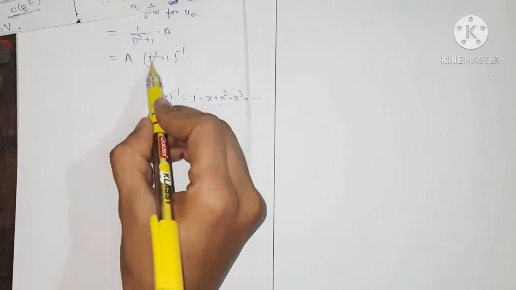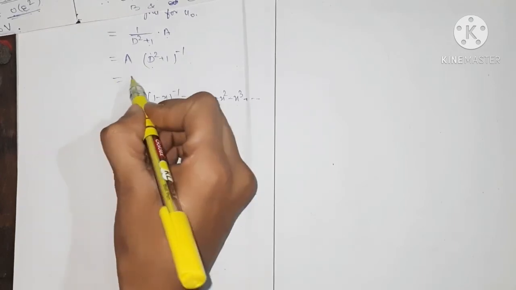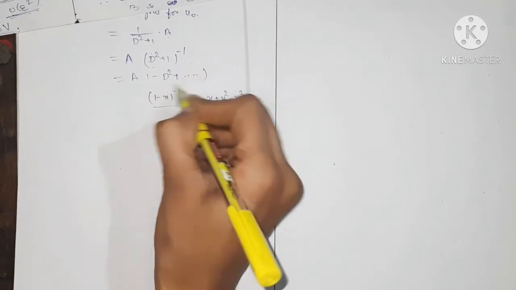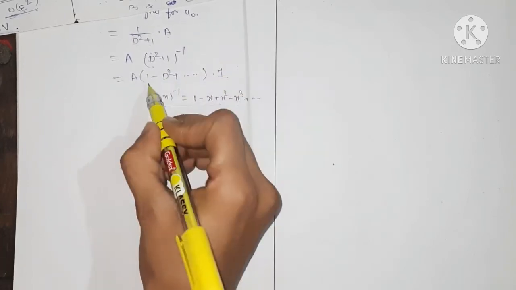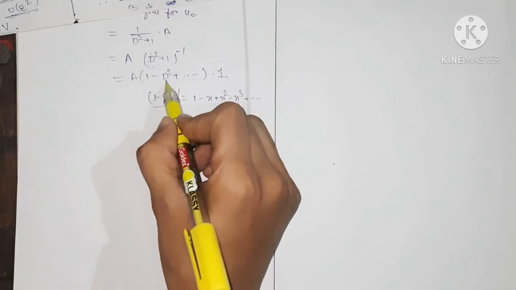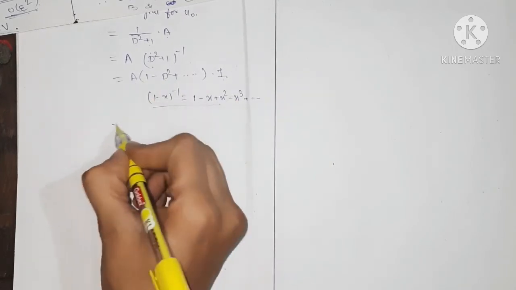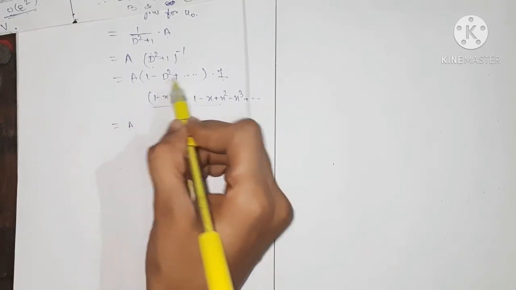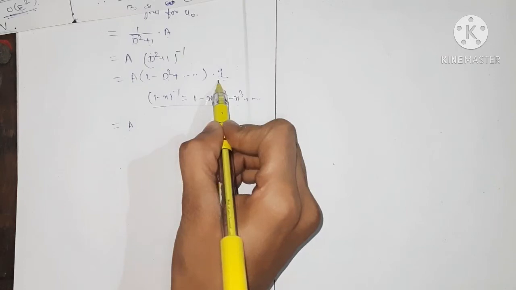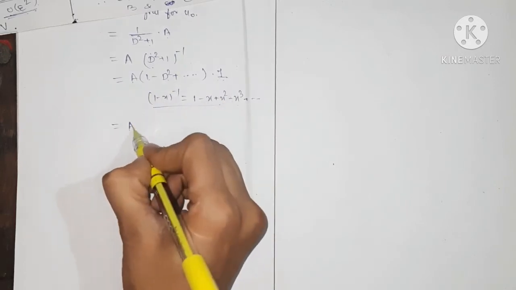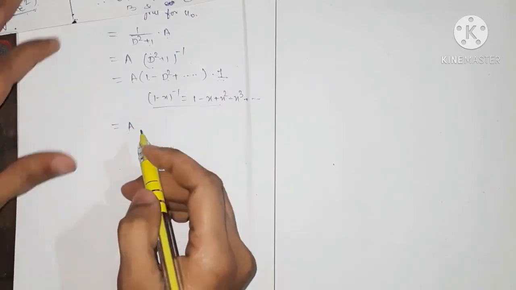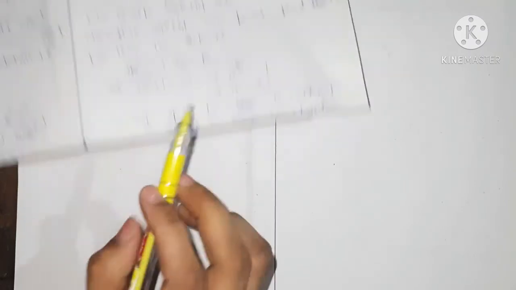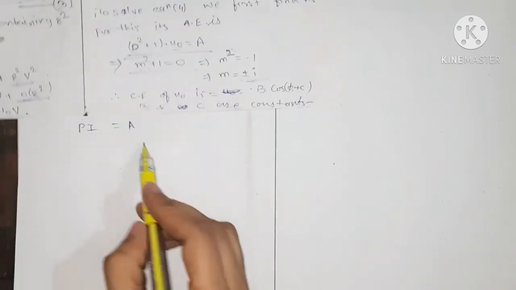So using this, we have A times 1 minus D square plus and so on, into 1, and the derivative of 1 is 0 because 1 is a constant, so we have only A into 1, which is A. So the particular integral for u0 double dash plus u0 equals A is this one.